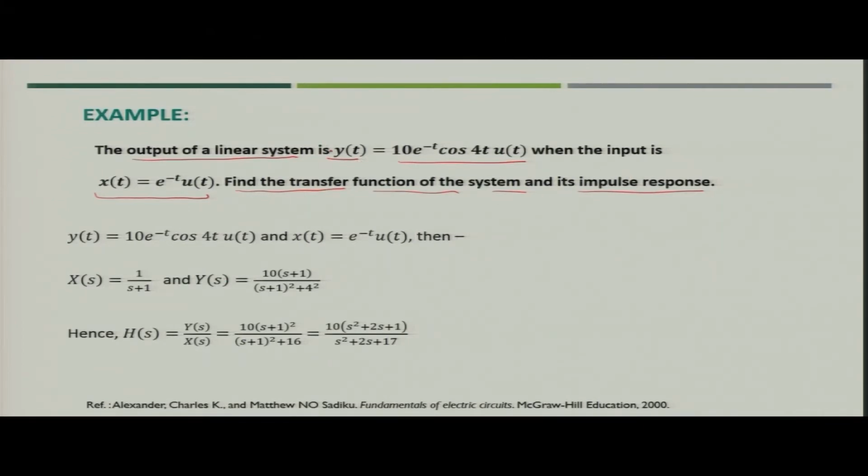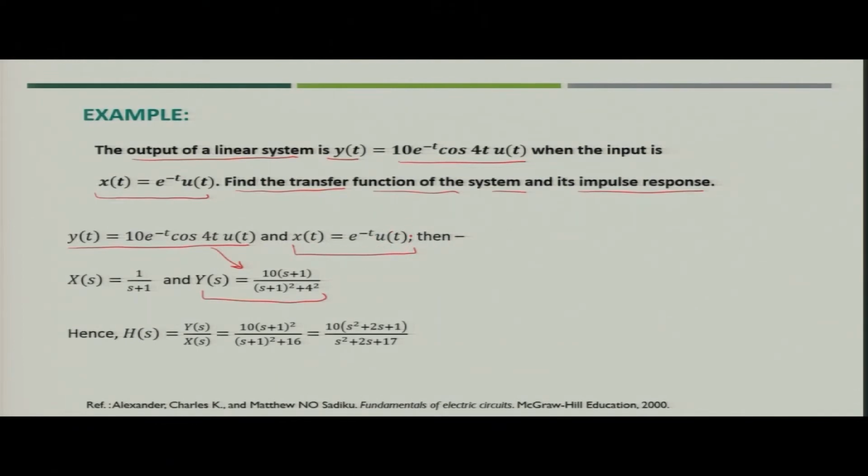So, you have to first convert y(t) into the S domain and x(t) into the S domain. When you convert y(t) equal to 10 e^(-t) cos 4t u(t) into the S domain, the Y(s) you get will be 10 (s+1) divided by (s+1)^2 + 4^2. Now, the input function is e^(-t) u(t).